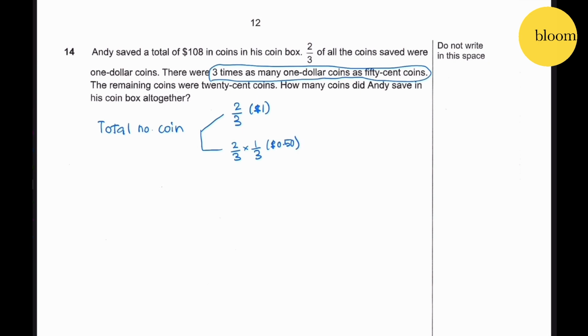Which gives us 2/9. This is $1 coins. This is 50-cent coins.